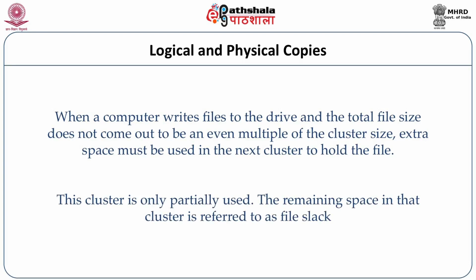Say the cluster is 4 kilobytes, and we have a file size of 18 kilobytes. Then 4 times 4 is 16 kilobytes, so 4 clusters can be allocated, but we still need extra space for 2 kilobytes.